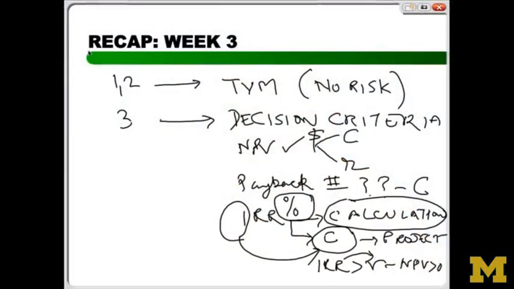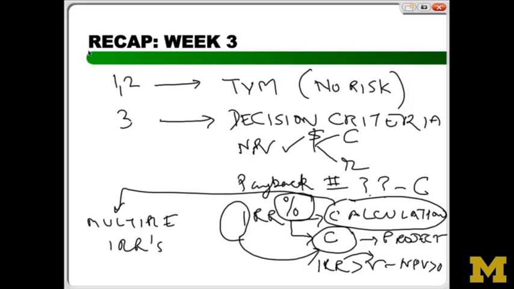We saw one issue with IRR, which was a calculation issue. Remember, we focused on calculations. And the calculation issue we saw is that you could have multiple IRRs. I don't want to talk about this too much because this is more a mechanical thing.